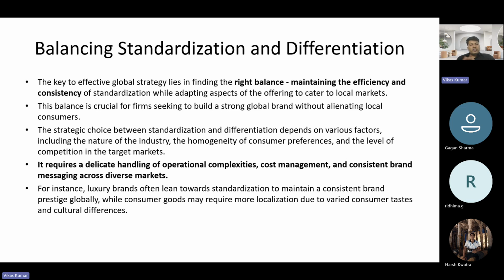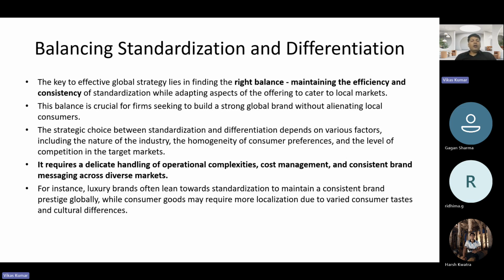consumers. The strategic choice between standardization and differentiation depends on various factors, including the nature of the industry, the homogeneity of consumer preferences, and the level of competition in the target market. So it requires delicate handling of operational complexity, cost management, and consistent brand messaging across diverse markets.